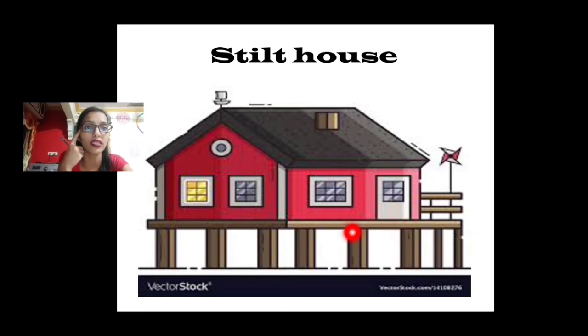As you can see these are the bamboos. On bamboos these houses are built up, so that if there is heavy rain and if a flood comes, water should not penetrate or enter inside the house. So these houses are made on bamboos.